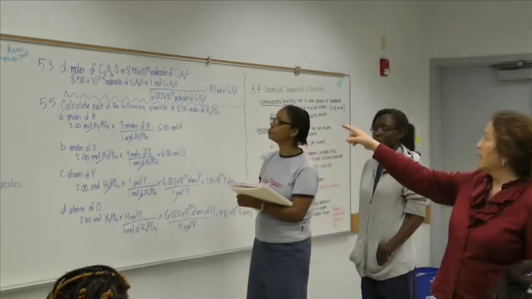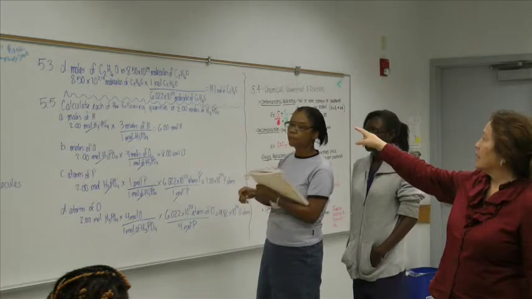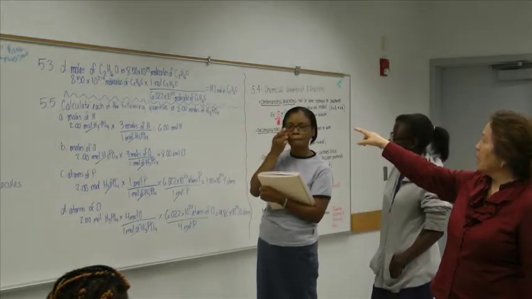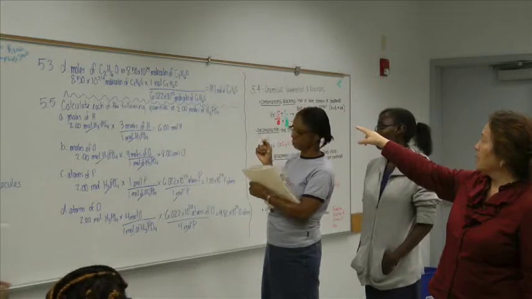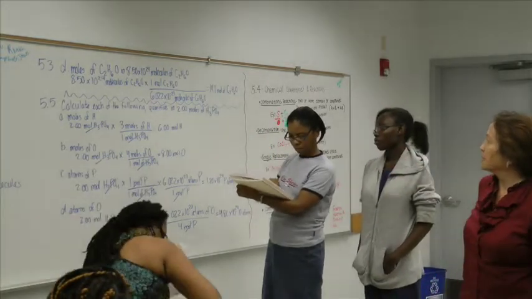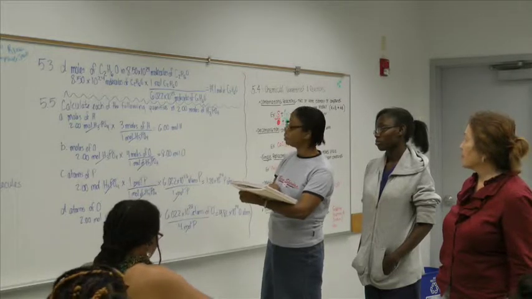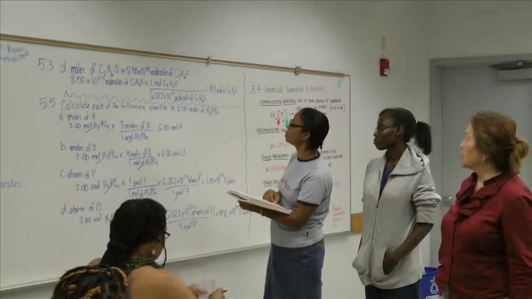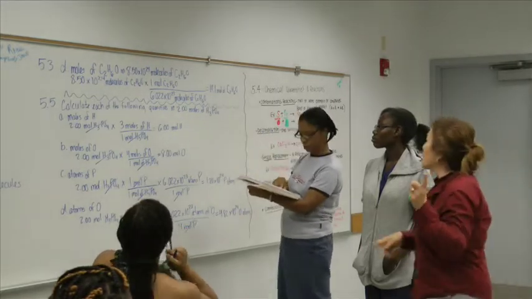Do the math, 8.5 times 10 to the 24 divided by 6.02 times 10 to the 23rd. So you get 1.4119. Okay, so you got 1.4.